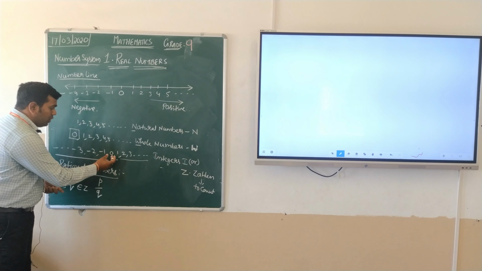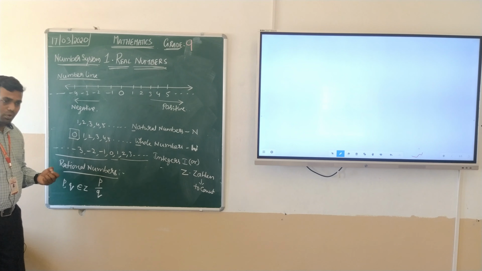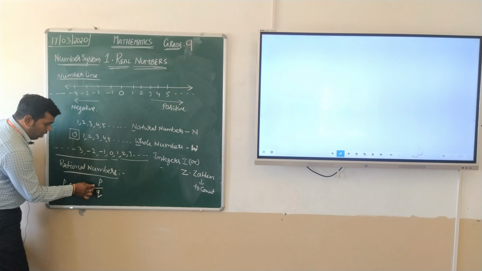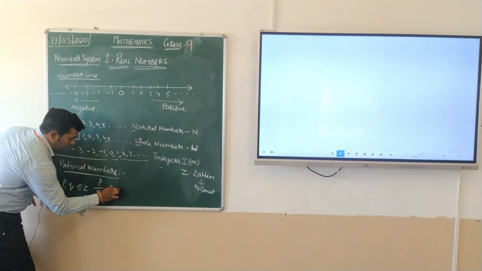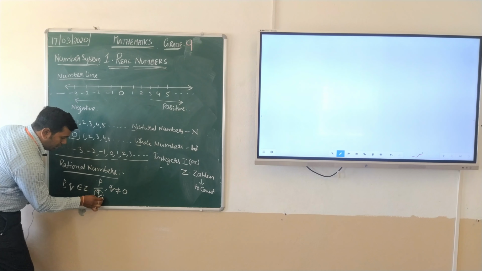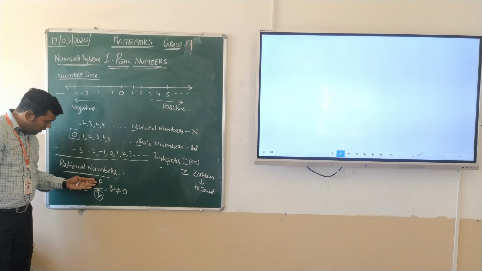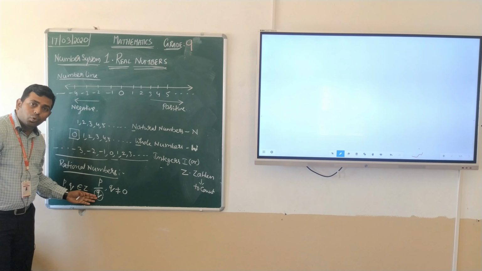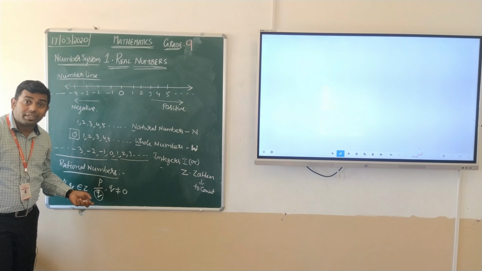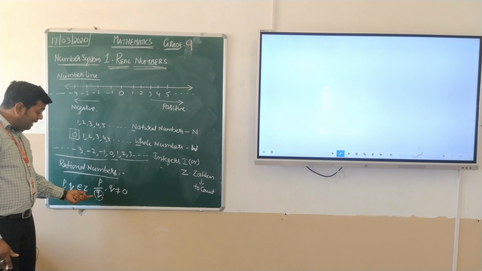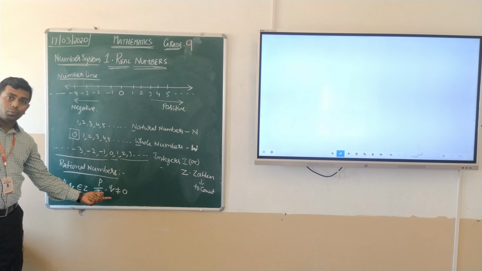It can be 0, positive, and negative. If I write in the form of p by q, where q is not equal to 0, your denominator should not be 0, because if the q value is 0, then it is undefined. We cannot define it. So that is the condition: q is not equal to 0.